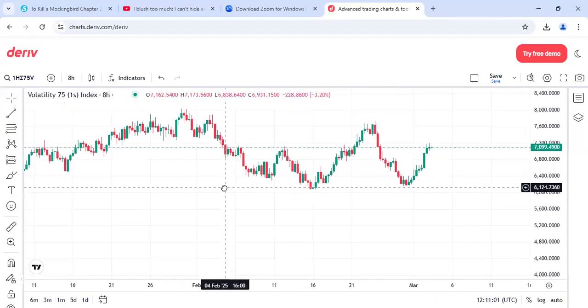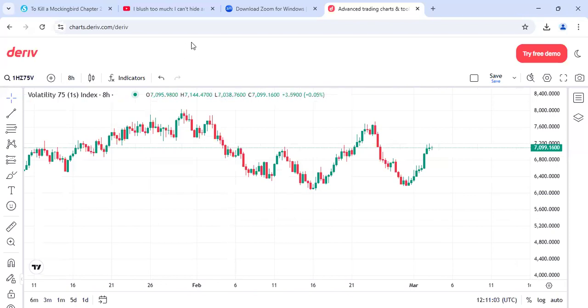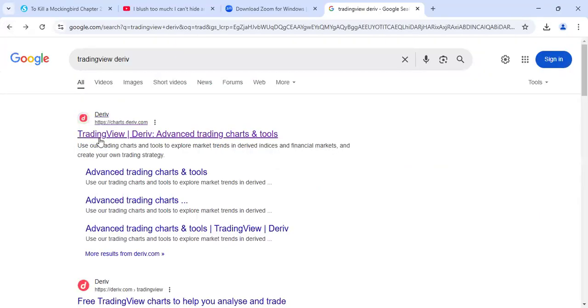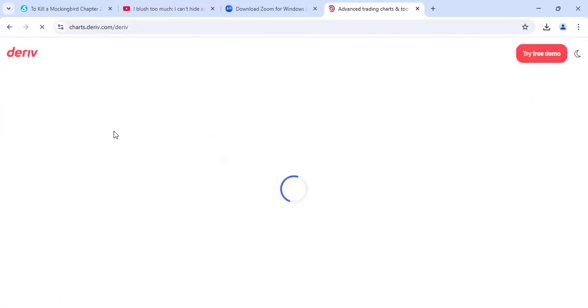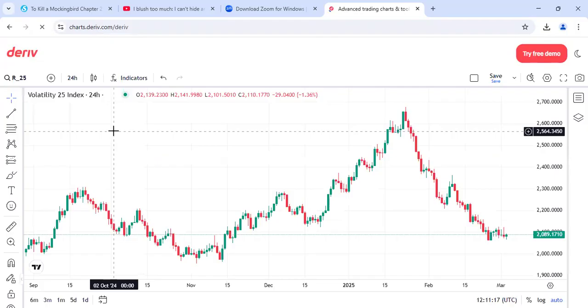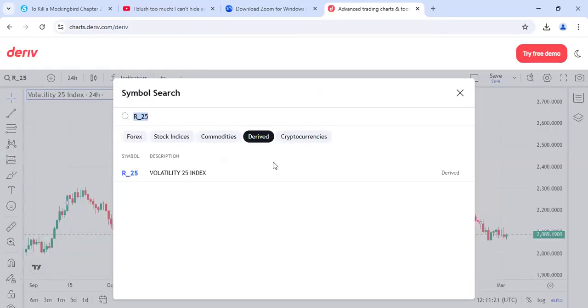So just go to your Google, type Deriv, TradingView Deriv. You'll see that. Let me go back again so you can see what I mean. I click TradingView Deriv. Once you click it, make sure it's on Deriv. Click Deriv.